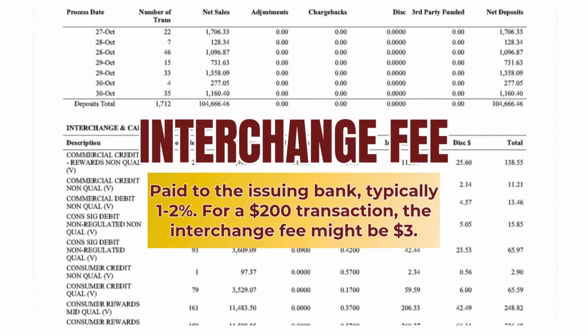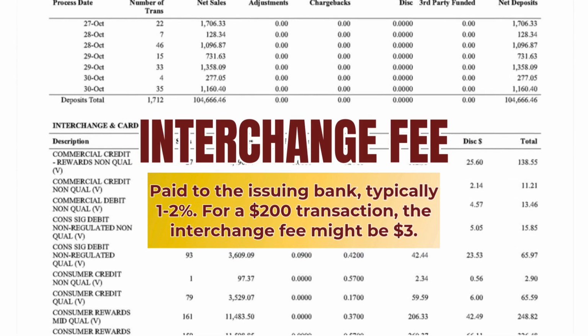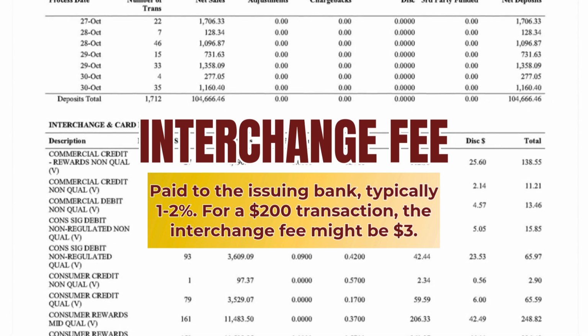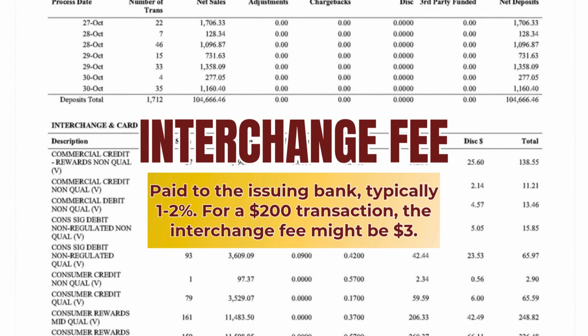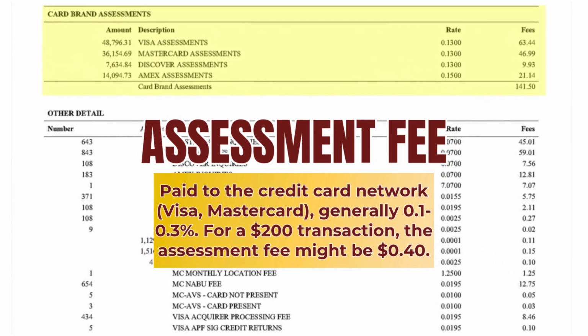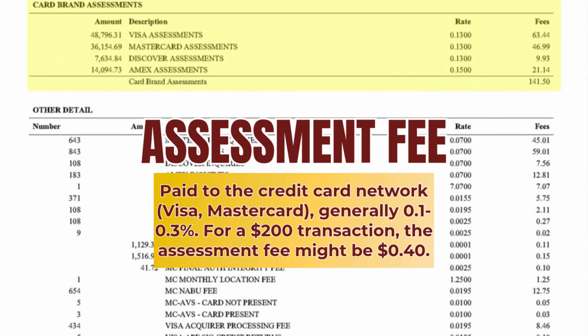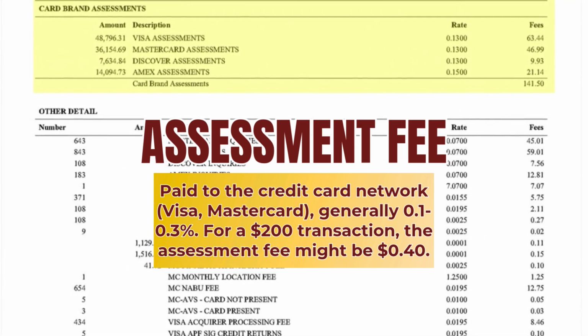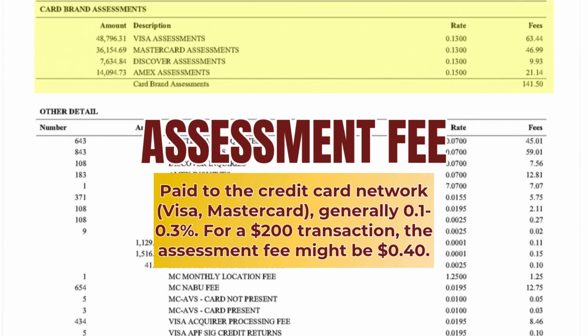For example, interchange fees paid to the issuing bank are typically 1 to 2%. For a $200 transaction, the interchange fee might be $3. Then assessment fees paid to the credit card network like Visa and MasterCard are generally 0.1 to 0.3%. For a $200 transaction, the assessment fee might be $0.40.